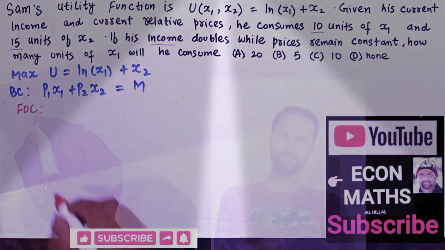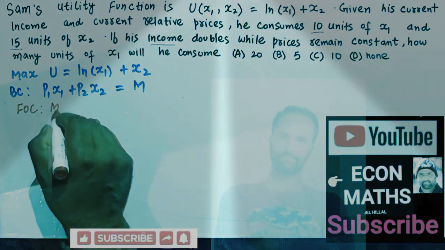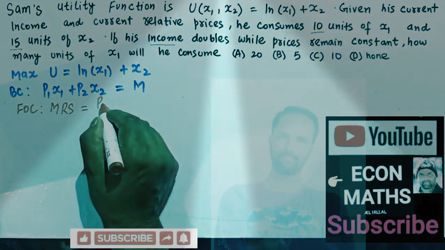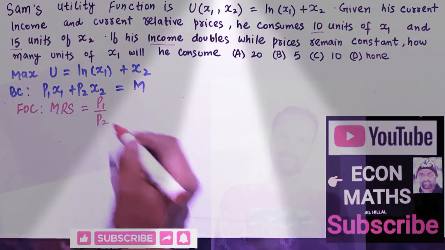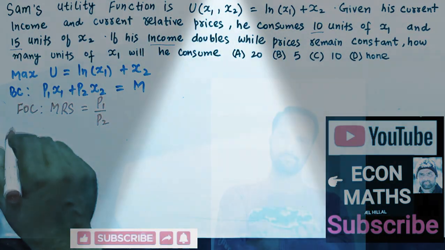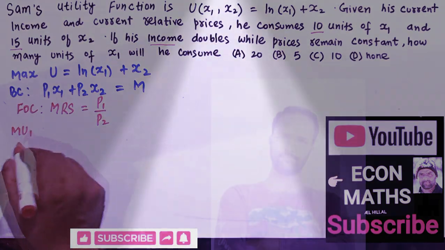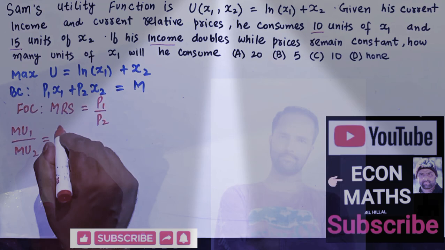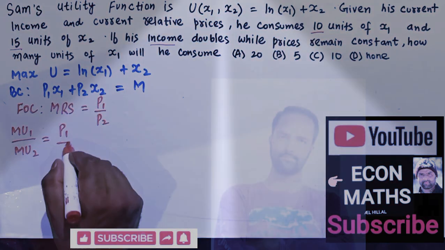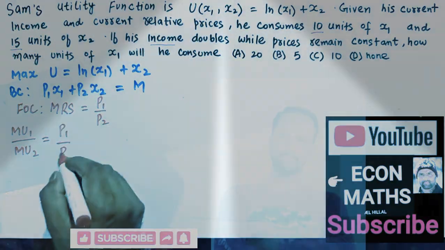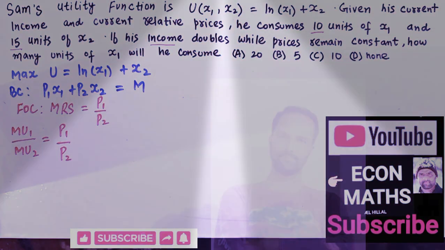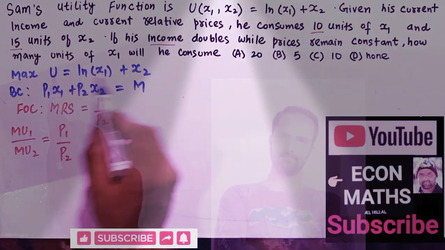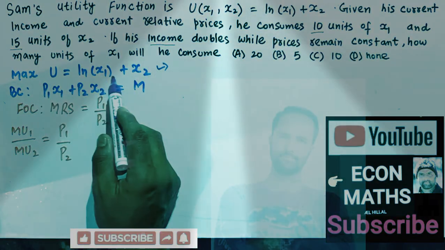First order condition for optimality requires that our MRS should be equal to the price ratio p1 upon p2, and MRS is simply the marginal utility of good 1 upon the marginal utility of good 2. It should be equal to their price ratio p1 upon p2. Now marginal utility of good 1 means taking the partial derivative of this utility function with respect to x1.